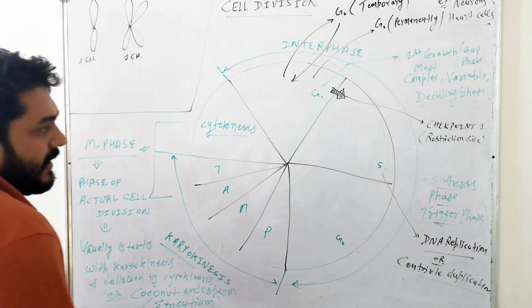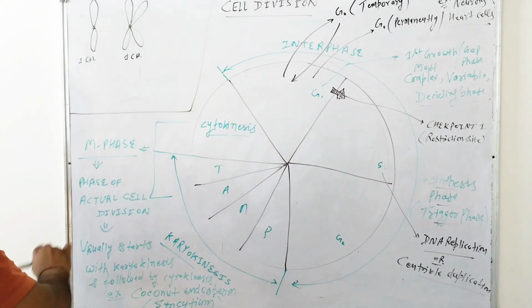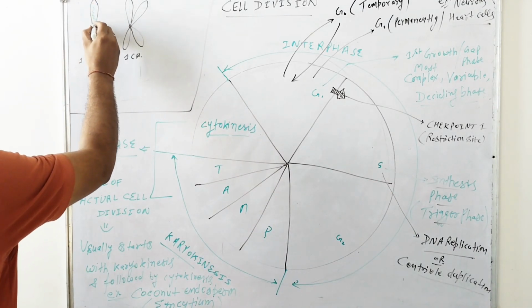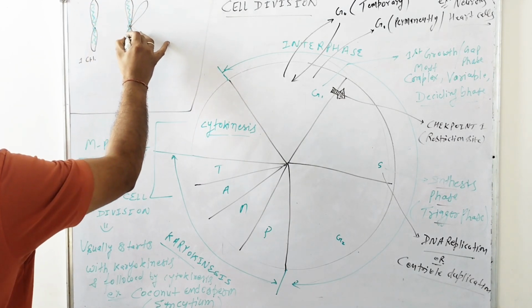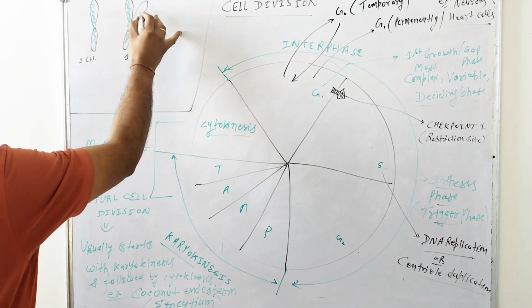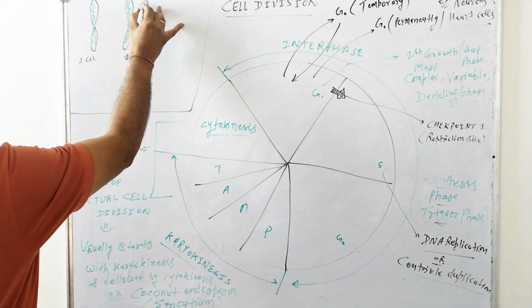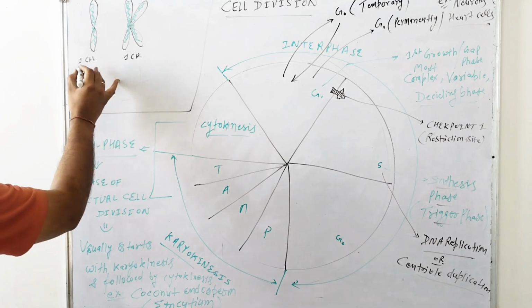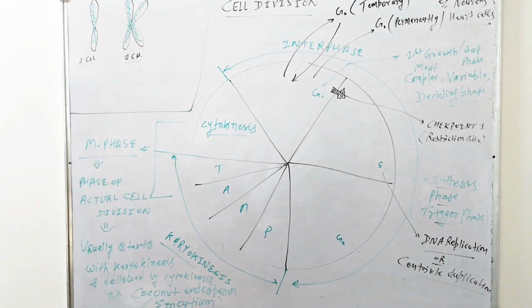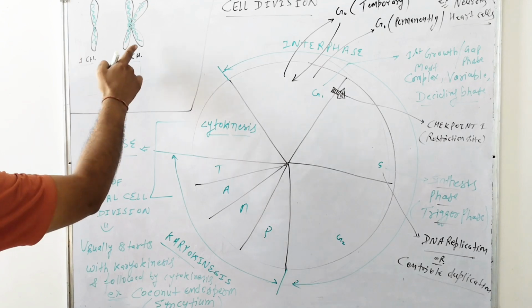So what is actually happening in the S stage is that the chromatin present here is making its copy. DNA replication is happening, so it is making its copy. Here is one chromosome, and here also one chromosome, one with one chromatid and one with two chromatids.